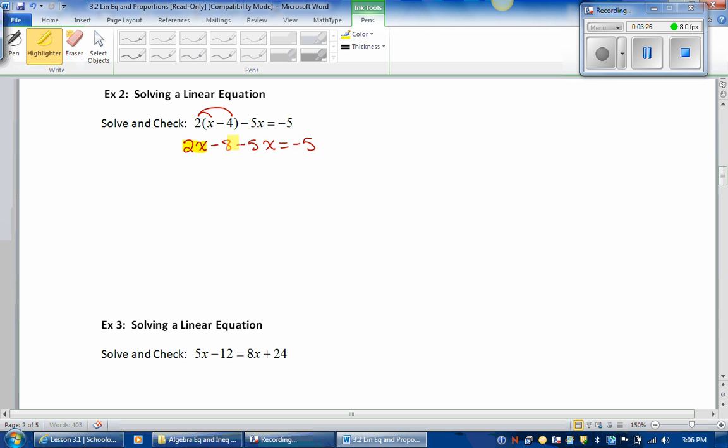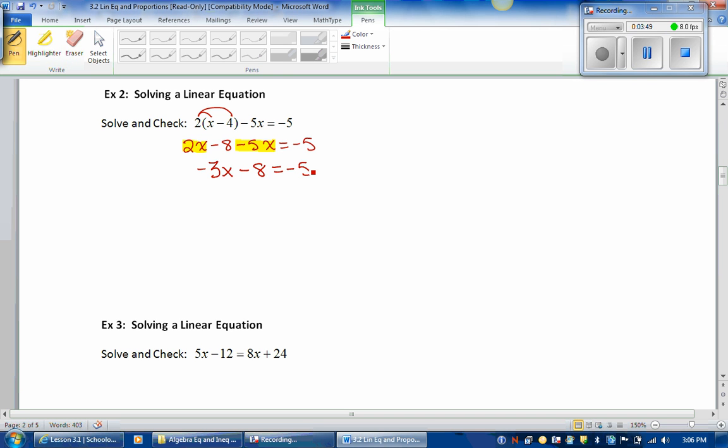I have to have the same variable, right? So here are like terms. And it's always on one side of the equal sign. You're only combining like terms on one side of the equal sign, not from one side to the other. 2x minus 5x is negative 3x, minus 8 equals negative 5.